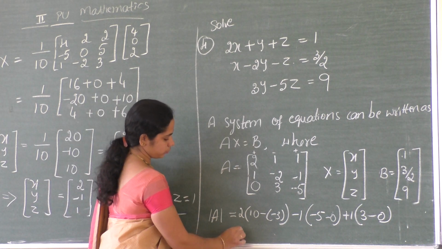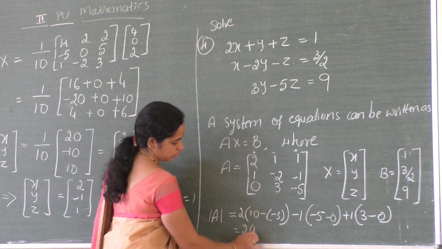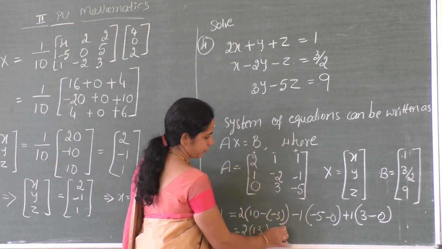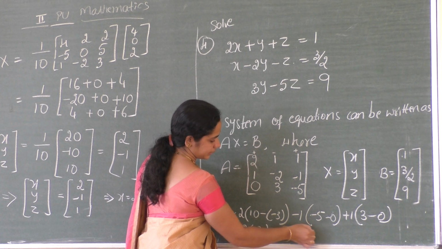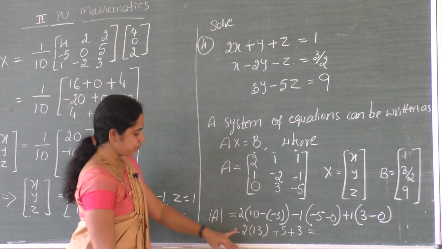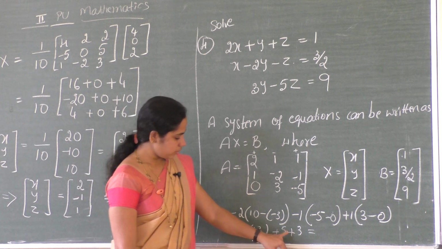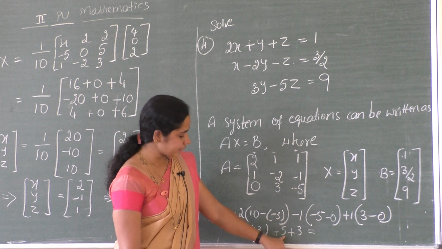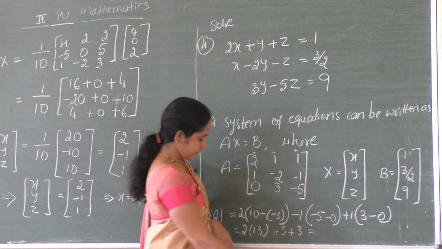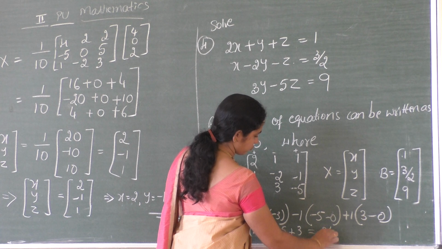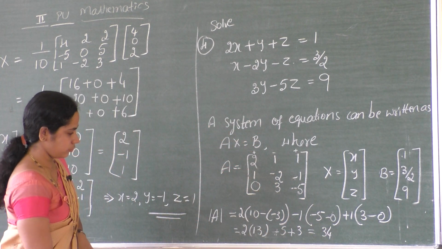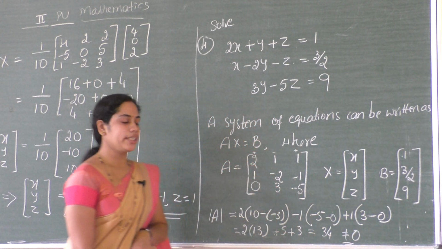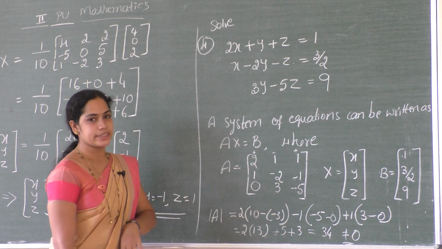This is equal to 2 into 10 plus 3, 13, plus 5 plus 3. This is equal to 26. 26 plus 5, 26 plus 5 plus 3, that is equal to 34. That is not 0. Determinant of A is not 0.